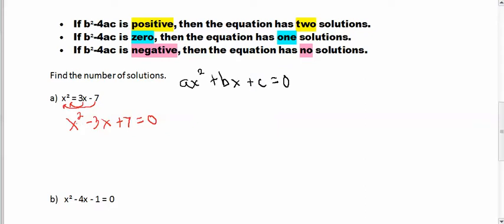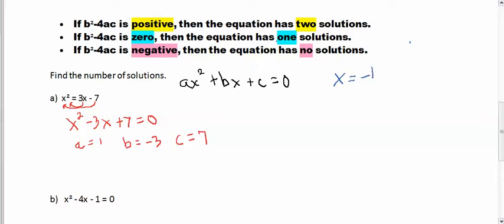Now is this in standard form? Ax squared plus bx plus c, it is. So my a is 1, my b is negative 3, and my c is positive 7. Then again, we need to use our discriminant. Here is our quadratic formula.